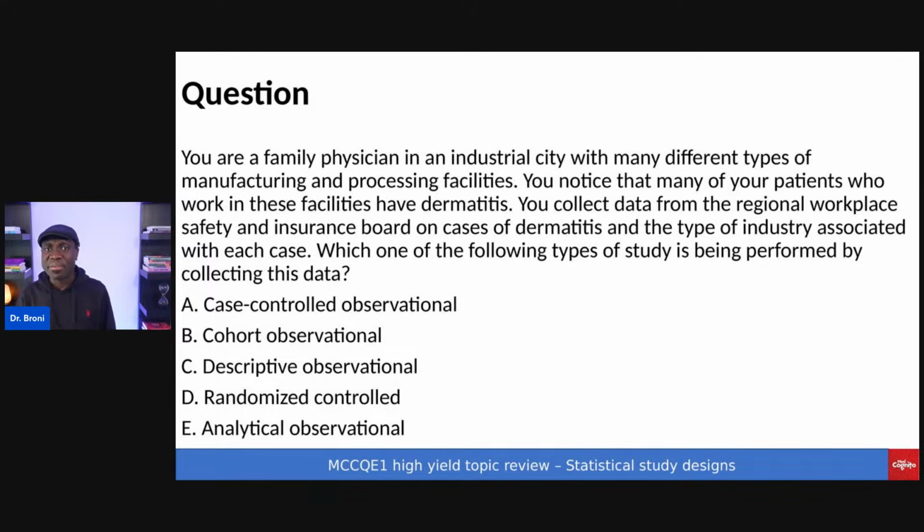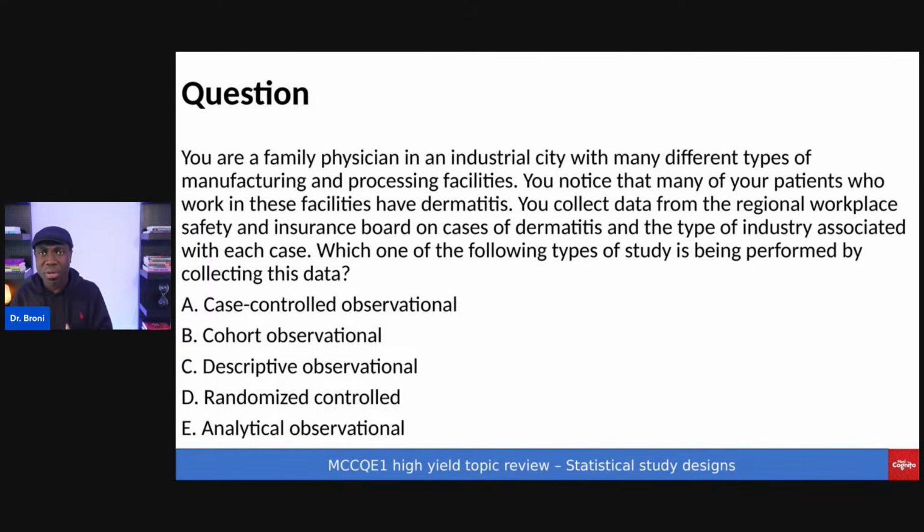So it says you are a family physician in an industrial city with many different types of manufacturing and processing facilities. You notice that many of your patients who work in these facilities have dermatitis. You collect data from the regional workplace safety and insurance board on cases of dermatitis and the type of industry associated with each case.